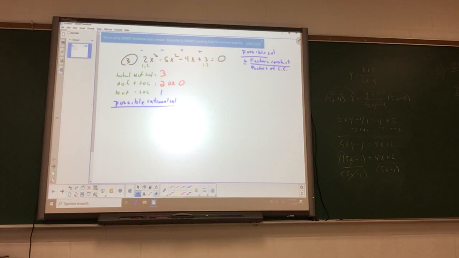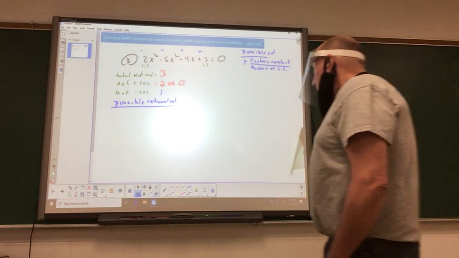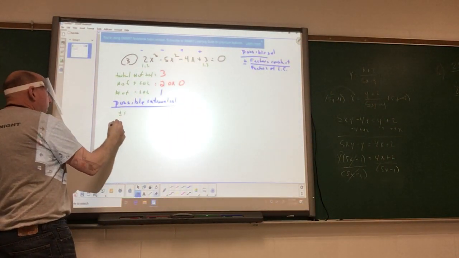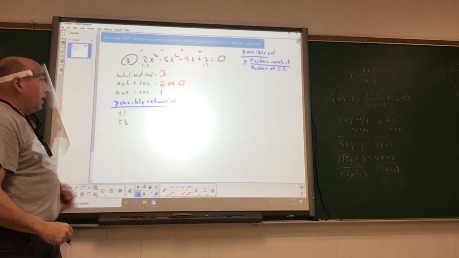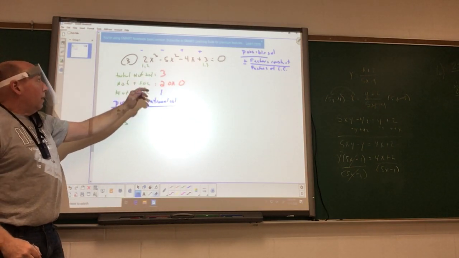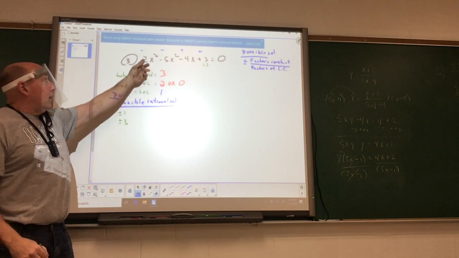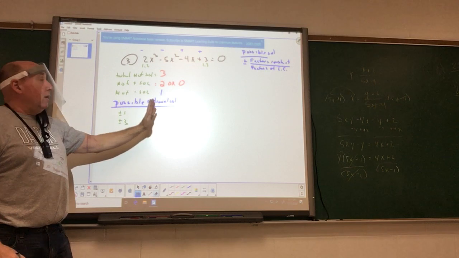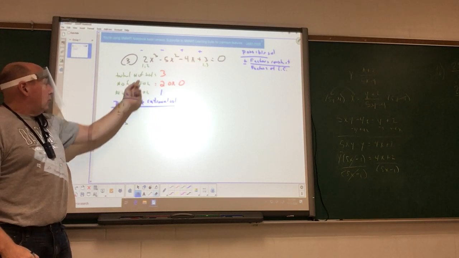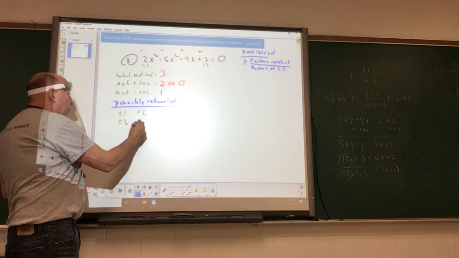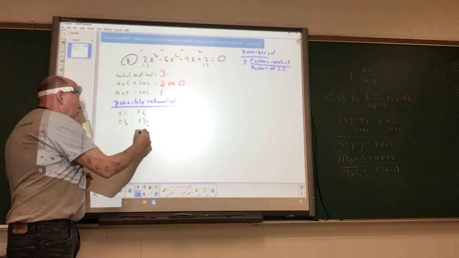I divide 3 by 1, I get 3. So we can start this out with just plus minus 1, plus minus 3, taking both of these and dividing both by 1. Then typically what I do is write beside it and divide these by 2. So we have plus minus 1/2 and plus minus 3/2.